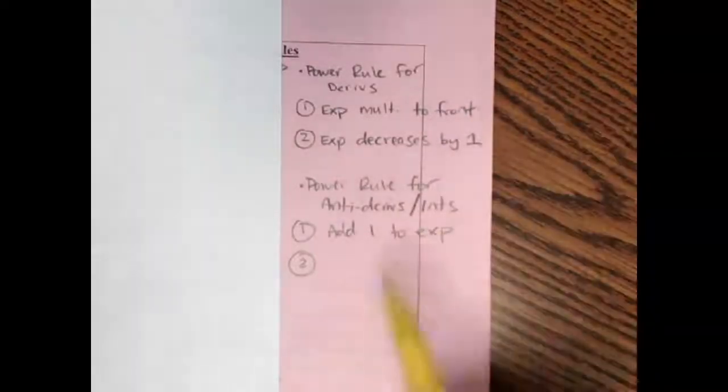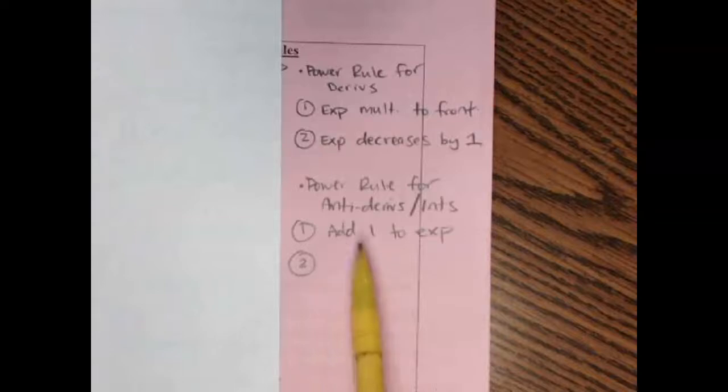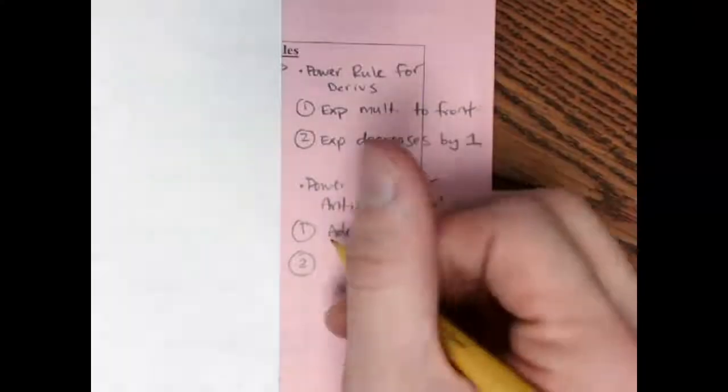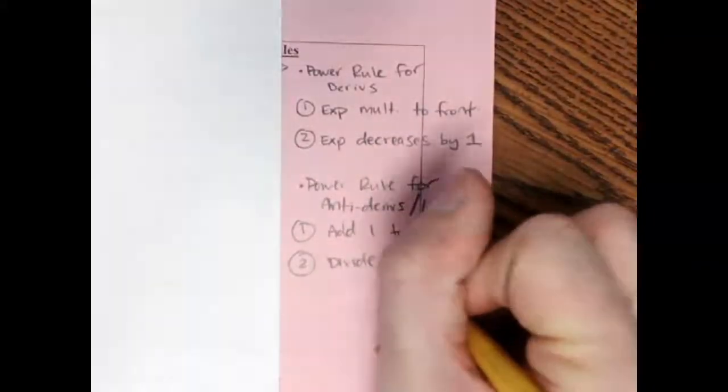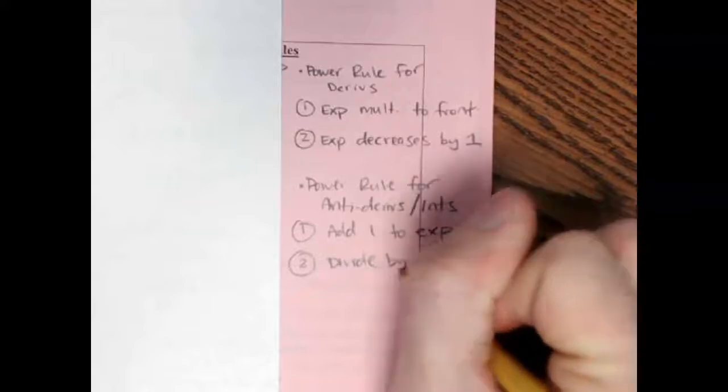The last thing that you did is the first thing that you undo, and of course the verb is the opposite. Instead of decreasing it by 1, we're going to add 1 to the exponent. And then the opposite of multiplying to the front is going to divide to the front, right? So divide by the new exponent.